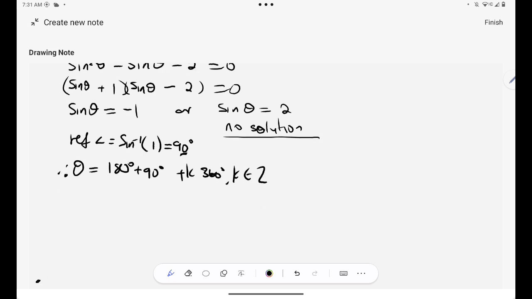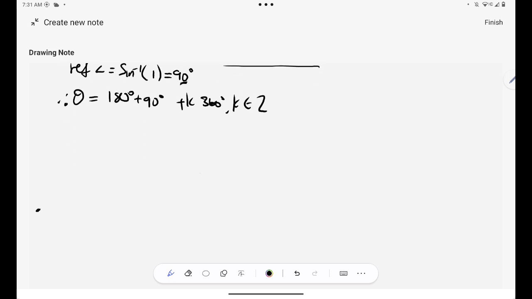And then in the fourth quadrant, I would say theta would be 360 minus my reference angle, which is 90 degrees, plus k 360, where k is an integer.